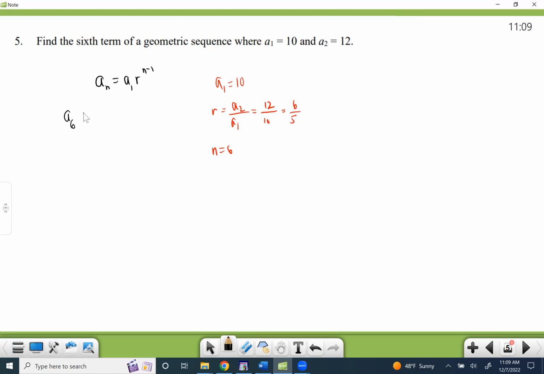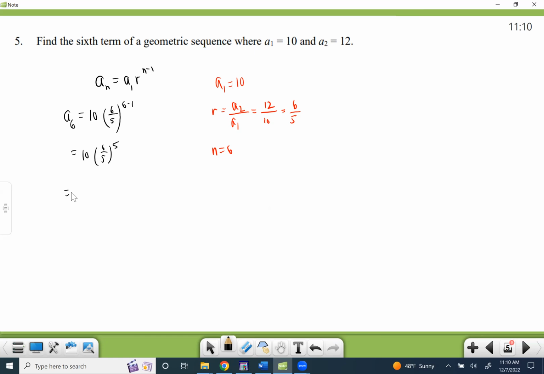All right, so a sub 6 equals the first term, 10, times the common ratio of 6/5 to the 6 minus 1. So this is going to be 6/5 to the 5th. So I'm just going to punch this whole thing in my calculator, you guys.